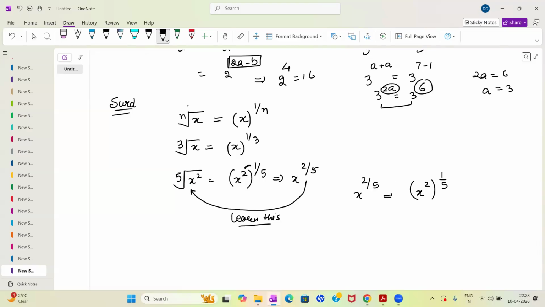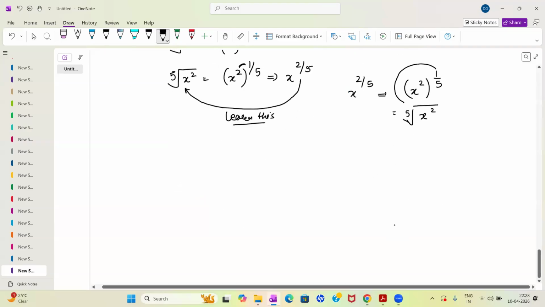And if we can convert the nth root of x into x to the power 1 upon n, we can simply reverse this in this form also. So this form will become x square and this 1 by 5 will be written like this. So you must know the reverse of this law also.